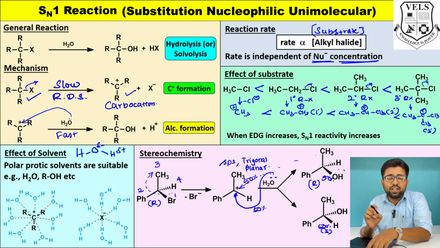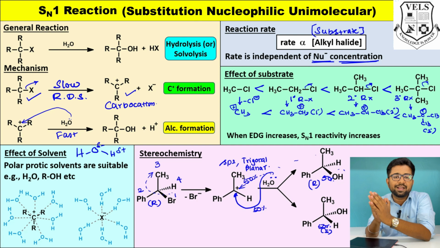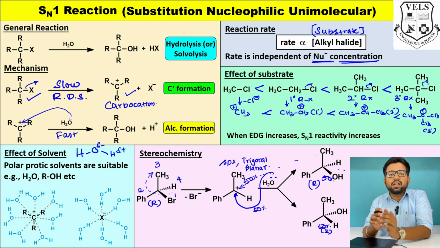So in an SN1 reaction, if you take a chiral compound and treat it with a solvent like water or any other alcohol kind of solvent, you will end up with the formation of 50% R and 50% S. Otherwise, you can also call it 50% D isomer, the dextroisomer, and 50% levoisomer. A 50-50 ratio of R and S, or D and L, is known as a racemic mixture. So in an SN1 reaction, a racemic mixture is always obtained.